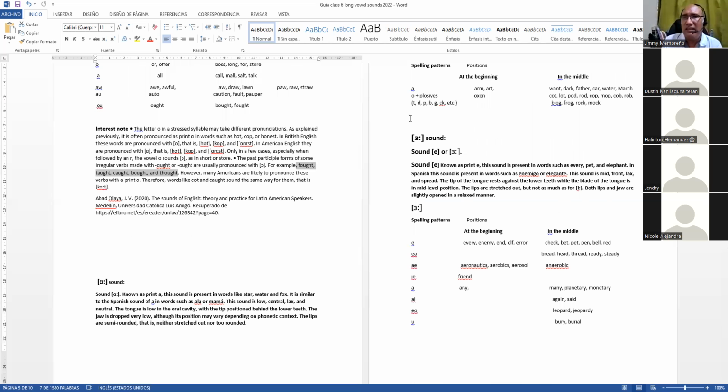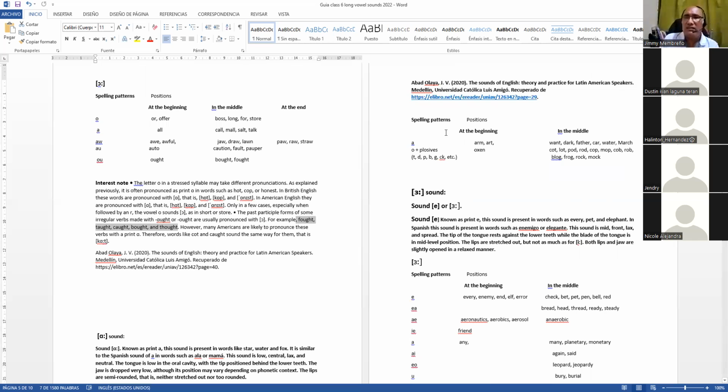And here we have the spelling patterns. We only have two letters: letter A and letter O, but the letter O is followed by plosive sounds like t, d, p, b, g, k. So we find this at the beginning and in the middle of a word.